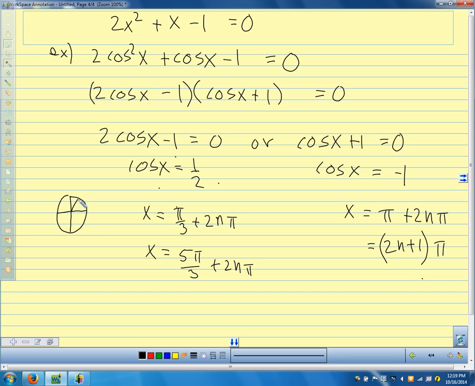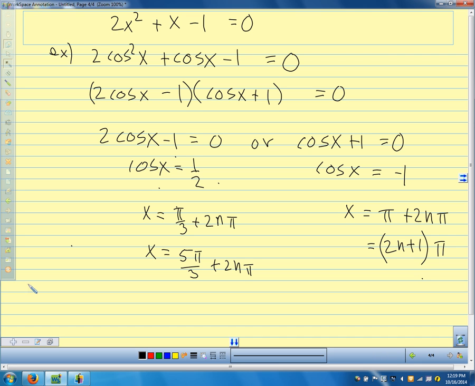So here's pi thirds. The other angle is down here. 2 pi minus theta would give us the other angle. And if we're over here, the other angle would be down here. So that would be pi plus theta. So you'd have to know how the unit circle works there. All right, are we good with that example?